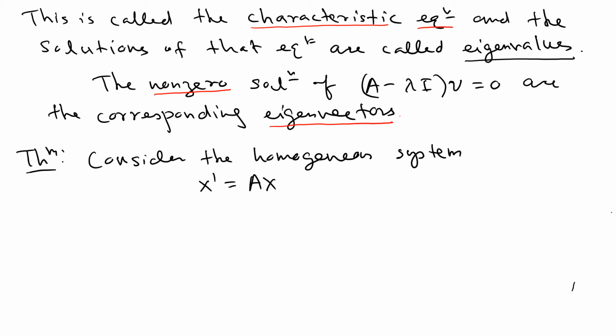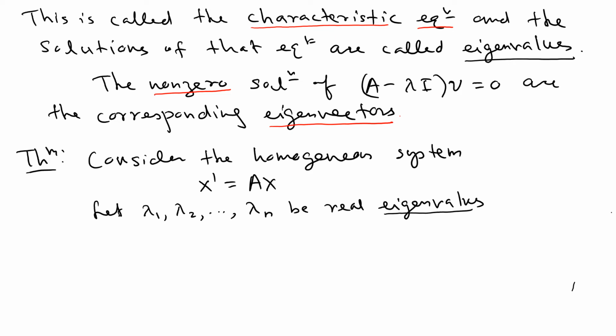And let lambda 1, lambda 2, up to lambda n be real eigenvalues, not necessarily distinct. So they may be the same.